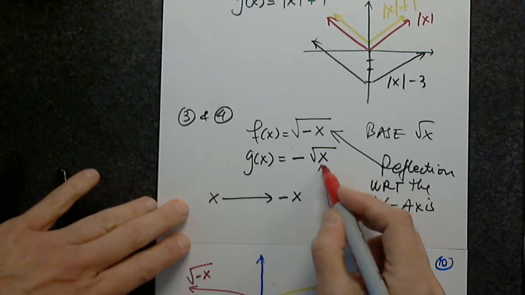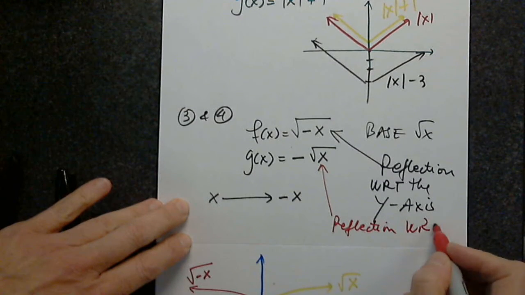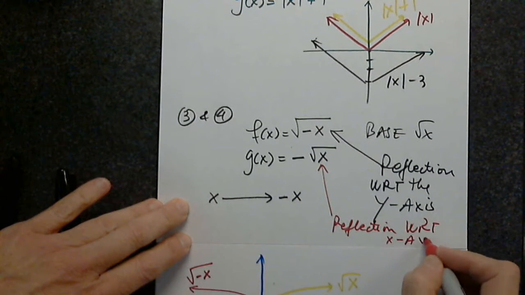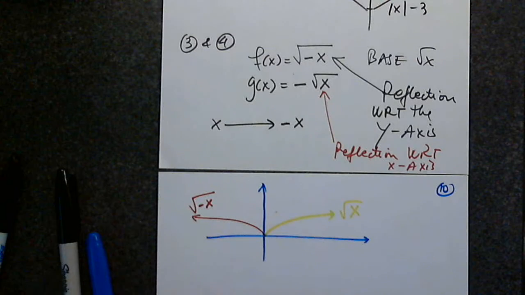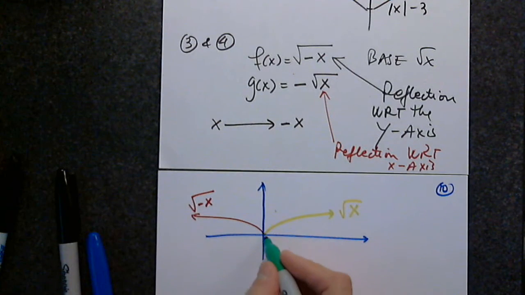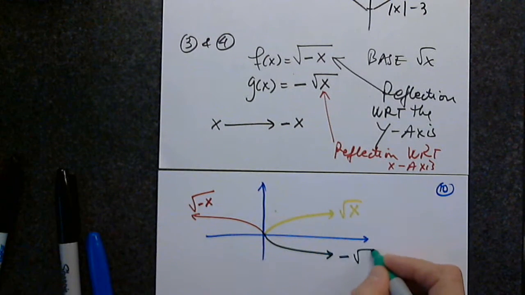Exactly. So this is a reflection, WRT, with respect to the x-axis. So the green graph that I have here, which is the square root of x, this time reflected with respect to the x-axis will be this, negative the square root of x.